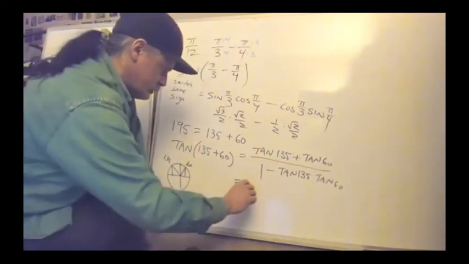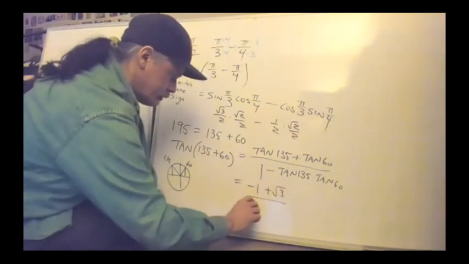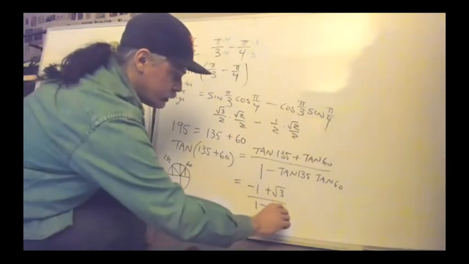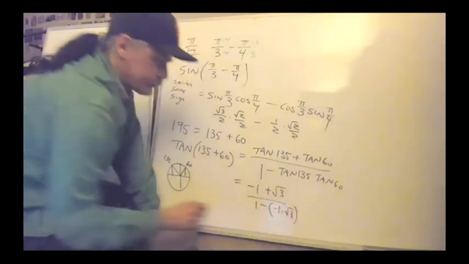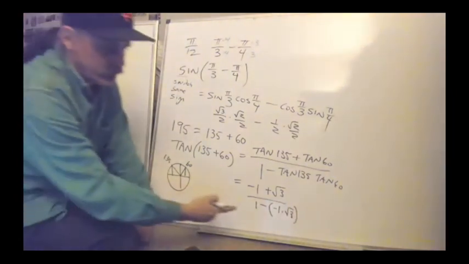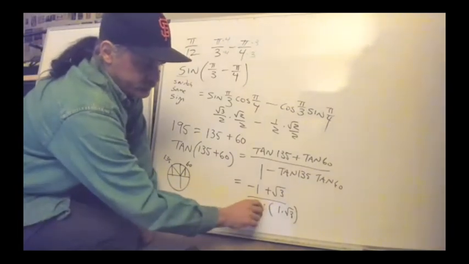Okay, so then -1 plus root 3, and then 1 minus -1 times root 3. Now, since it's minus a negative, I'm going to go ahead and just do that right here.